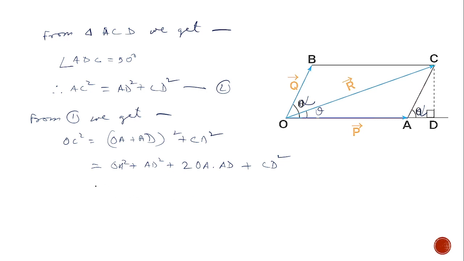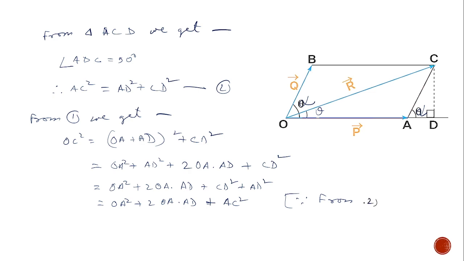Now OA square plus 2 OA AD plus CD square plus AD square is equal to OA square plus 2 OA AD plus AC square, as from 2 we get CD square plus AD square equal to AC square.